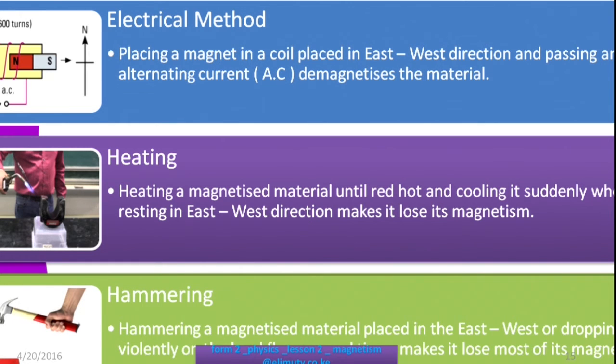That's one. Number two is by heating a magnetized material until it is red hot, and cooling it suddenly will make this magnetic material lose its magnetism, especially when resting in the east-west direction. Then the last method of demagnetization is hammering, and in hammering, a magnetized material placed in the east-west direction and then violently dropped makes it lose its magnetic property.